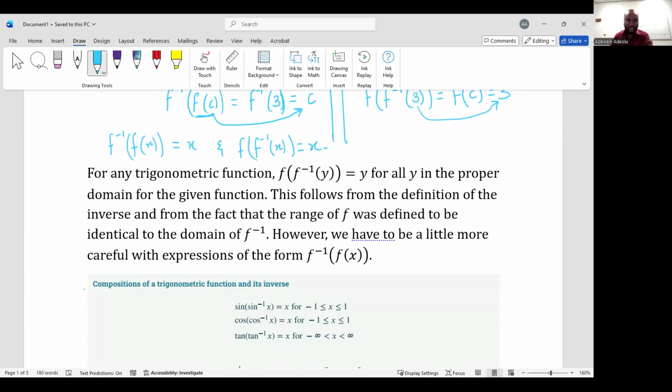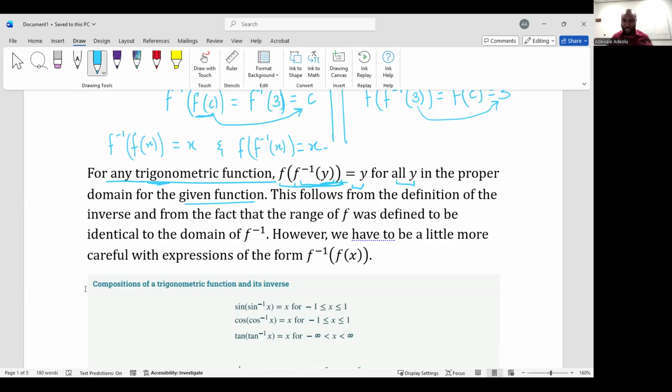So I write, for any trigonometric function, f composed with f inverse of y is always y for all y in the proper domain of the given function. Let us break it down. We are dealing with trig functions. So remember, f inverse is going to take ratios as inputs, and it is going to give angles as outputs.